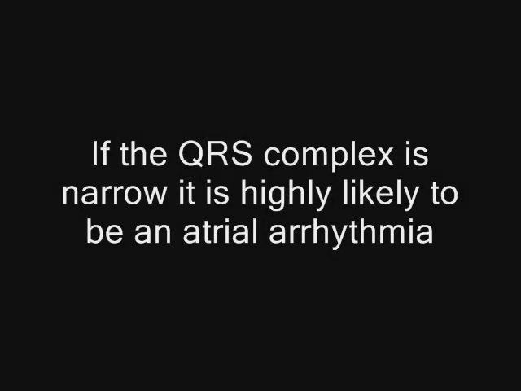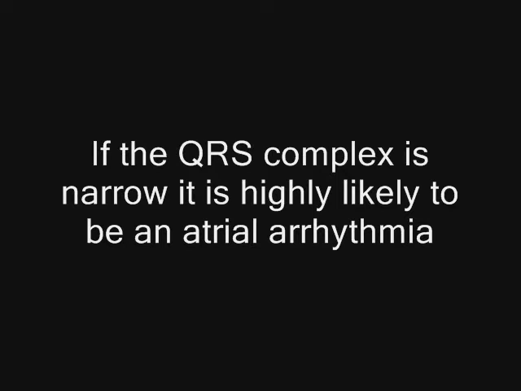Look at your QRS complex, both the width and the shape. Again, as you now know, it should be no wider than 3 small squares, and should be a consistently sharp shape. And here's a useful tip for you. If the QRS complex is narrow, it's highly likely to be an atrial arrhythmia. Of course, sinus rhythm will also give you a narrow QRS complex.